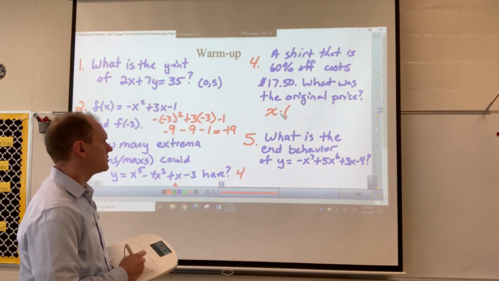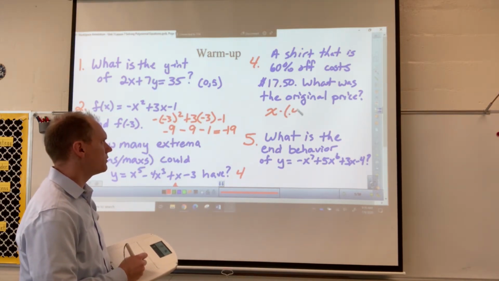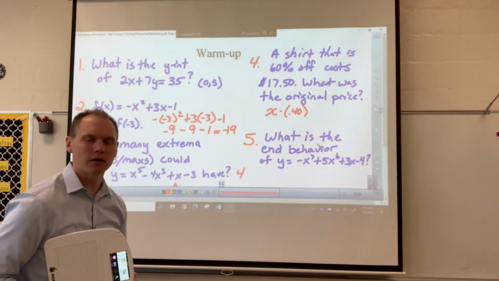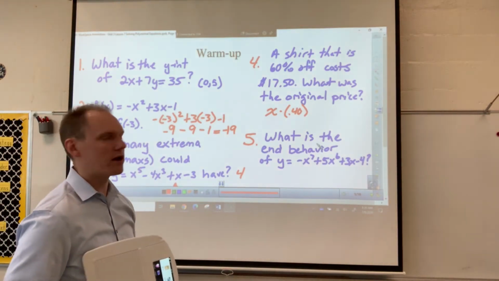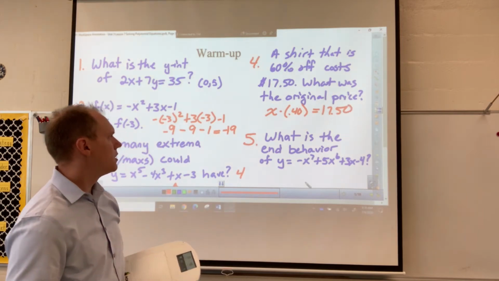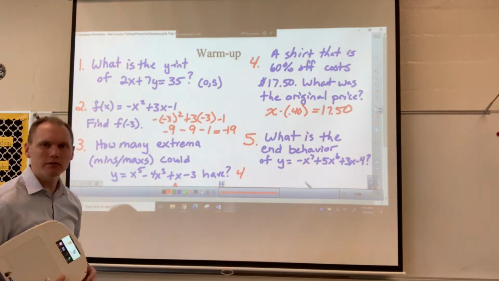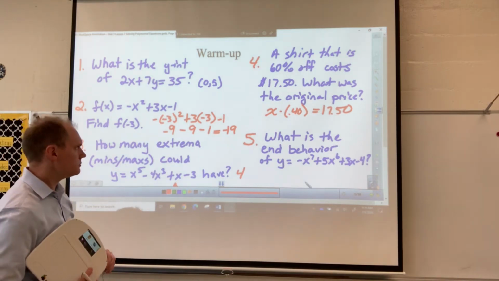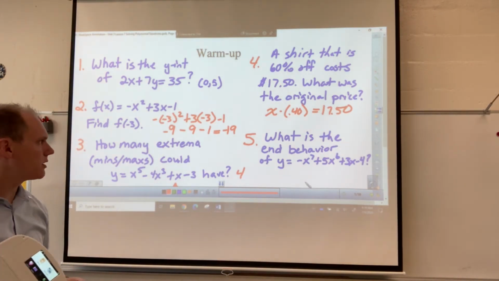So to get 40% of something, you multiply by 0.40. That's 40% of its original value, which is 60% off, equals 17.50. So you would divide 17.50 by 0.4. All right, and I'll let you finish that one off.